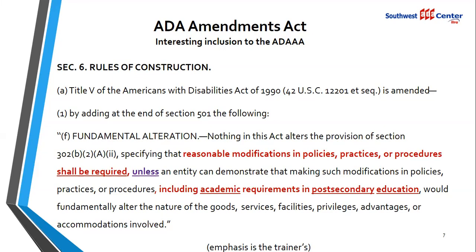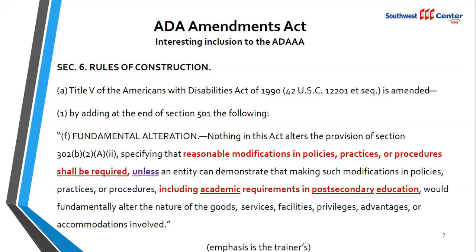This is really interesting, and I want to share this with you. If you're familiar with the ADA Amendments Act, what the ADA Amendments Act was all about was to correct quite a few of the US Supreme Court rulings in terms of who is covered, who can seek protection under the ADA.